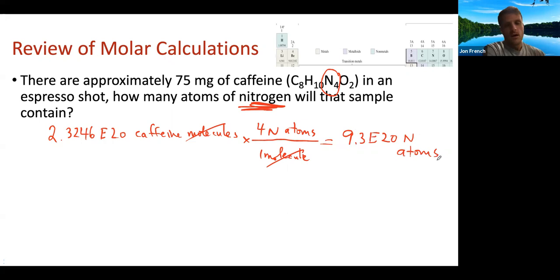As I was talking with a student about this problem after class, to help understand that calculation, a similar calculation would be, let's say we had 20 chocolate chip cookies.